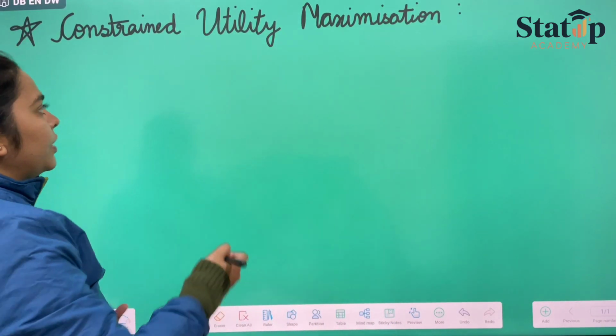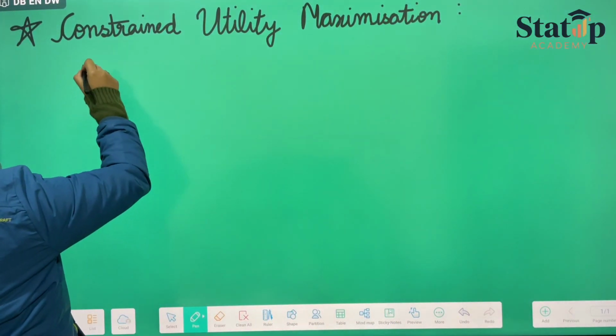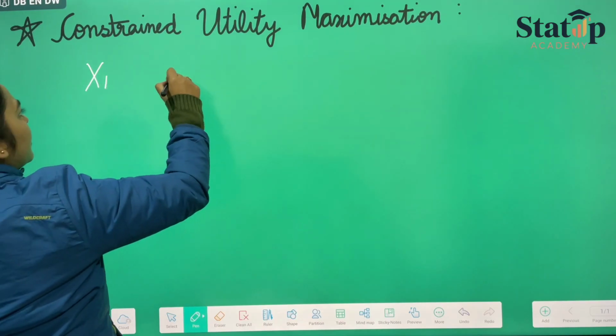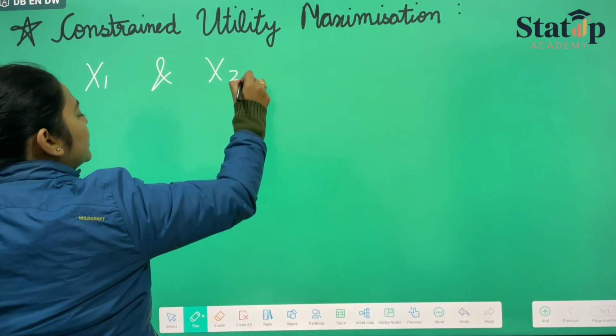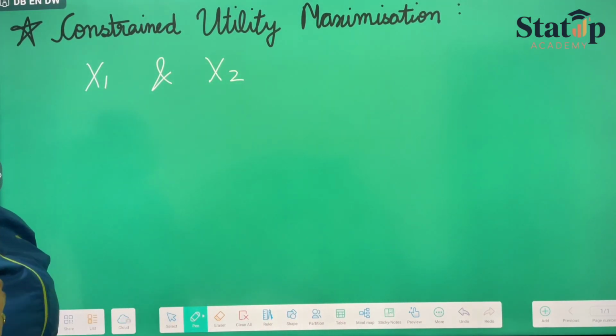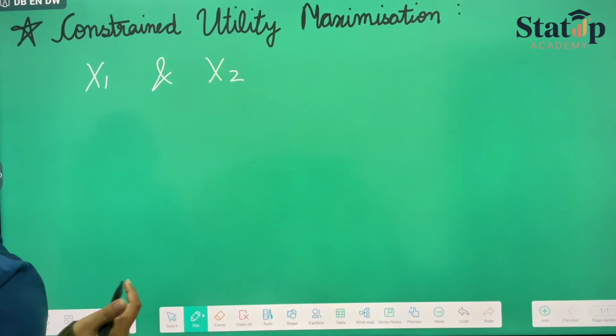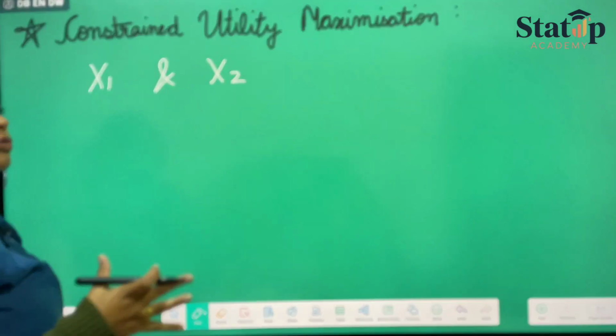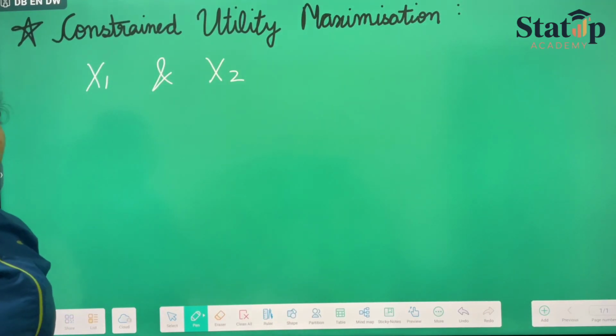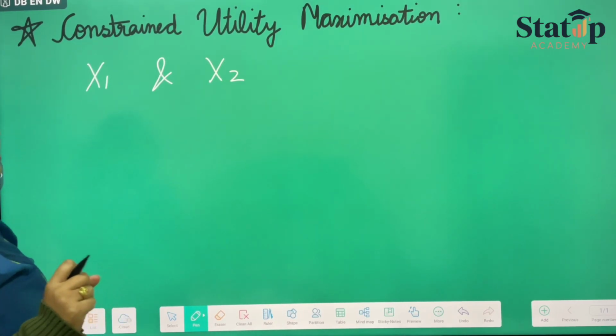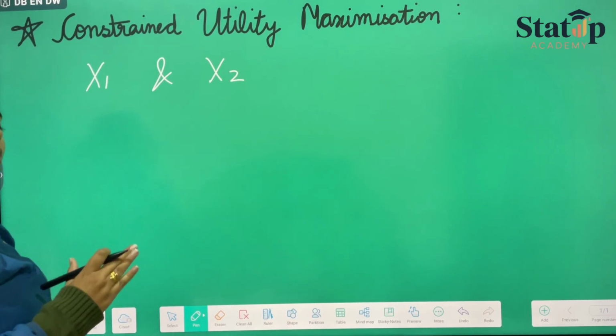So let us consider we have two commodities, x1 and x2. These are two commodities, and we have to find the maximum satisfaction level of these two commodities that is used by an individual. Suppose an individual I is using these two commodities, x1 and x2, and we have to find its utility function.